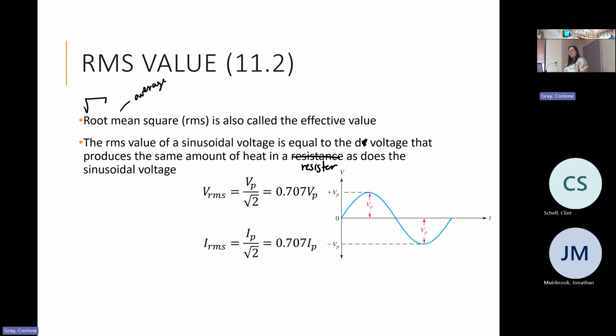Now, if you are curious where this mathematical proof comes from, look at Appendix B, on page 972. It goes through the proof to show where this value comes from.